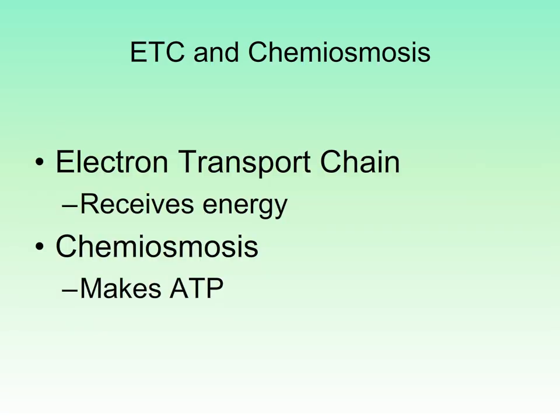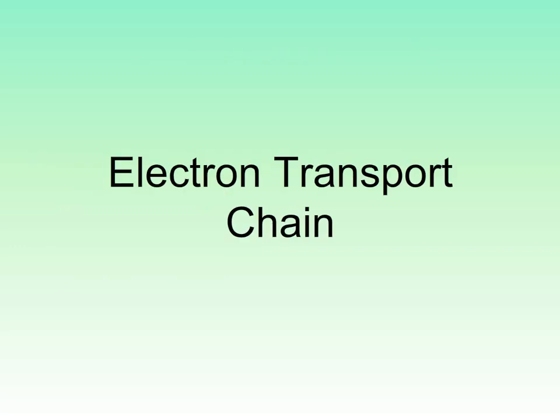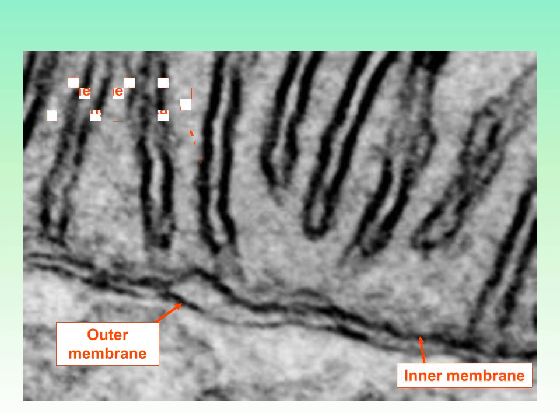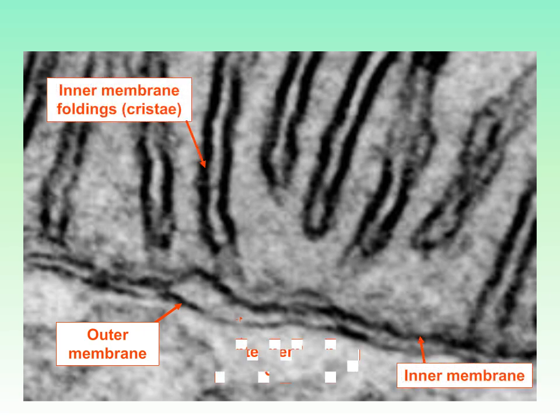Our last stage of cellular respiration involves 2 processes, the electron transport chain, or ETC, and chemiosmosis. Let's look at the ETC first. This last stage occurs along the inner membrane of the mitochondria. A quick review. Here's the outer membrane, the inner membrane, the cristae, the inner membrane space, and the matrix.